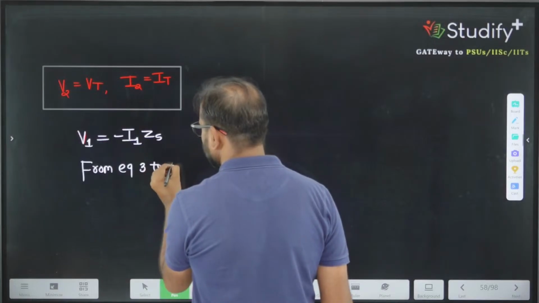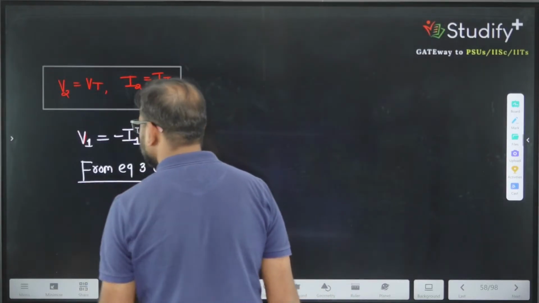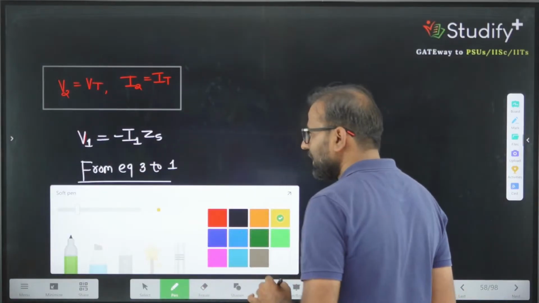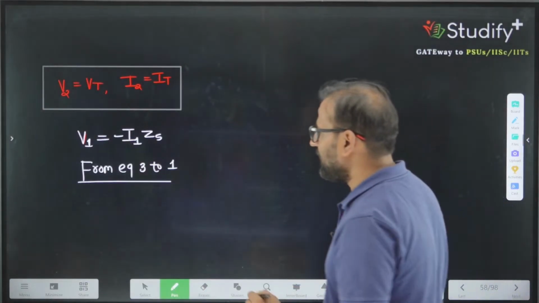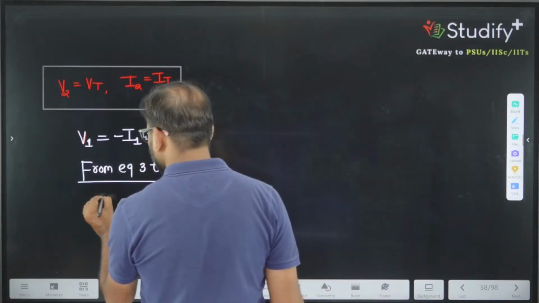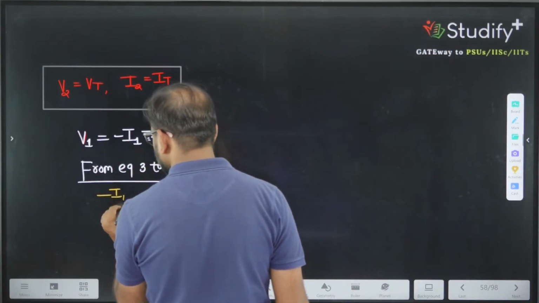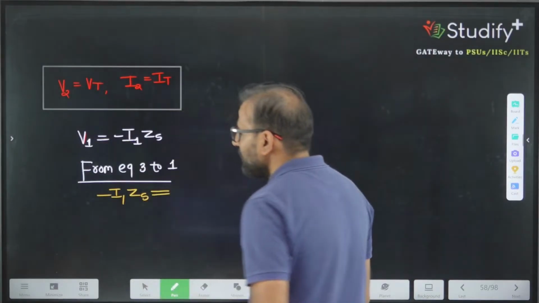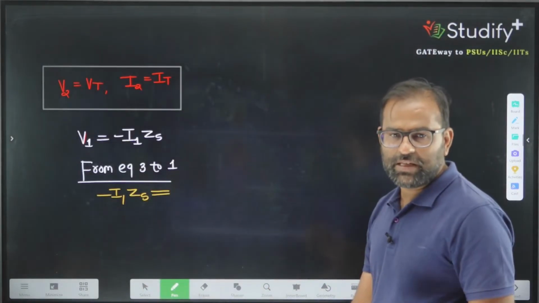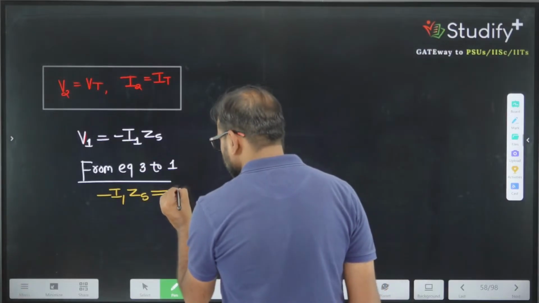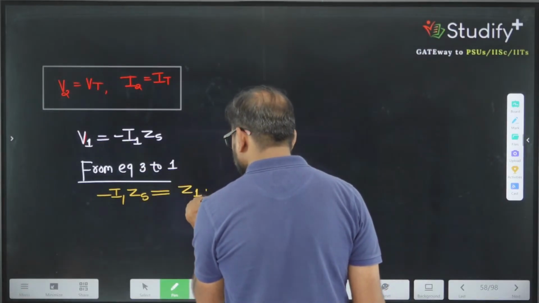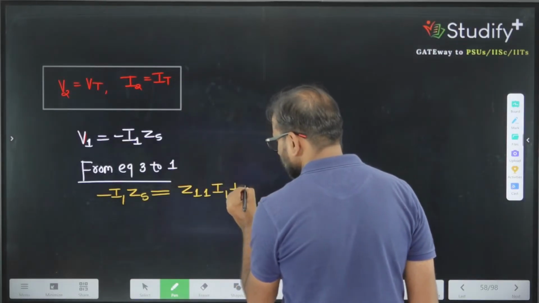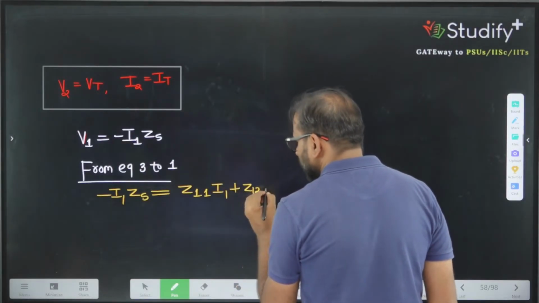If I am going from equation number 3 to equation number 1, can I say minus of I1 into Zs is equivalent to, because this is V1, and what is V1 equal to? Z11 I1 plus Z12 into I2.